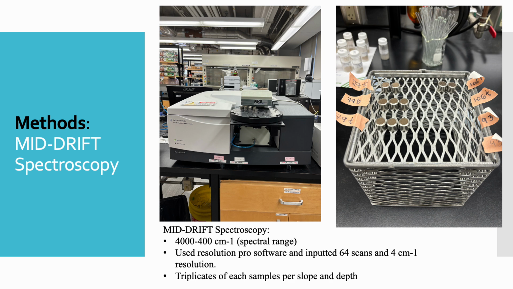Wet sieving with abrasion was implemented on the soil samples using a 53 µm sieve. Each soil sample was segregated into triplicates from each eco-district per slope and depth before inputting it to the machine for analysis. The soil samples were scanned using the Resolutions Pro software with 64 scans and a resolution of 4 cm-1. After running, 1,869 wavelengths were produced from the soil samples.